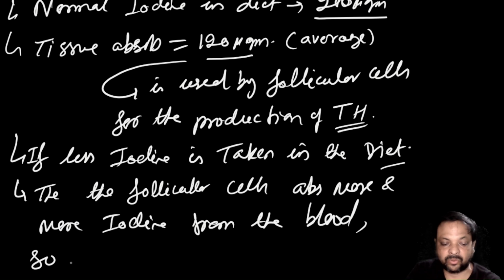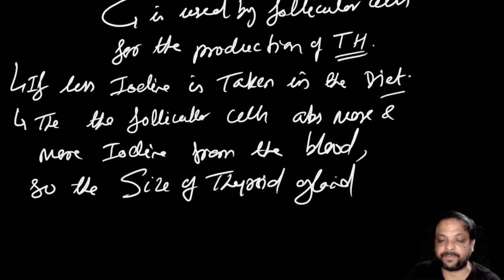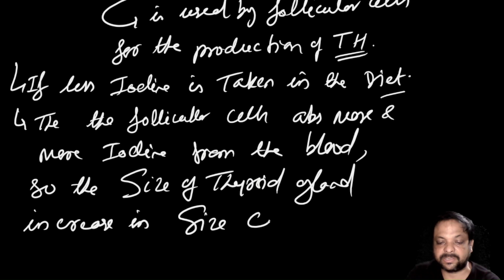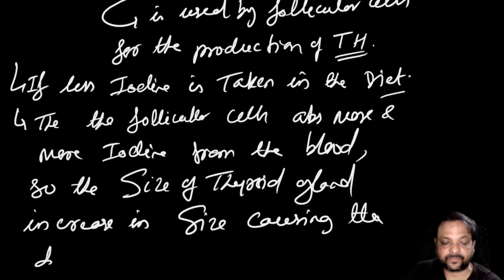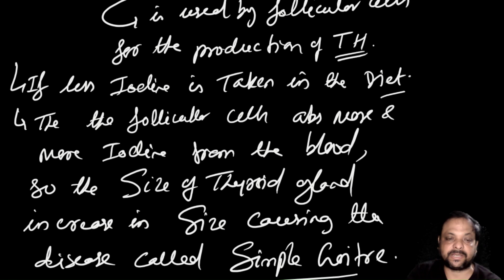So what happens to the size of the thyroid gland? It increases in size, causing the disease called simple goiter. Got it?